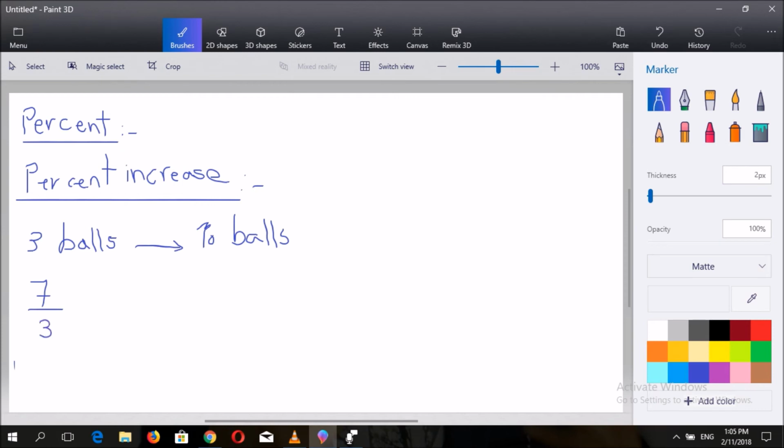We use the concept of percent when we would like to talk about, for example, the proportion of 1 divided by 100. So if I multiply any real number by 1 divided by 100, 1/100th of x, this is called percent.